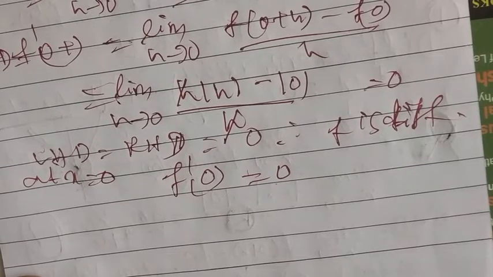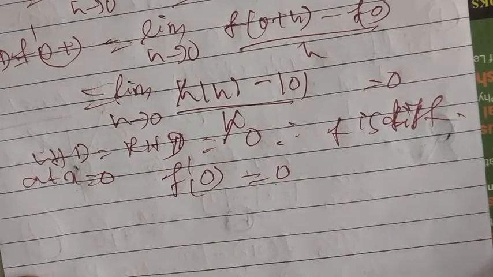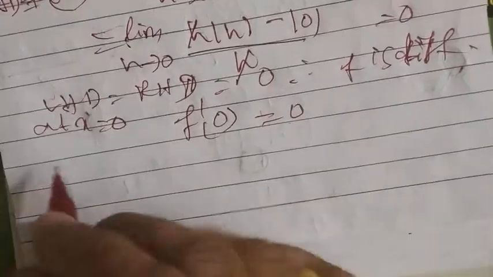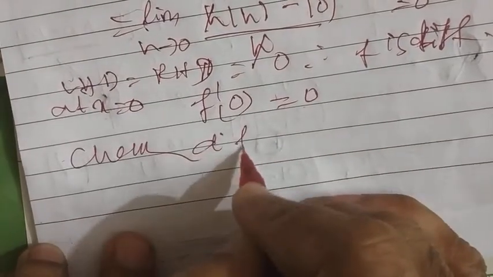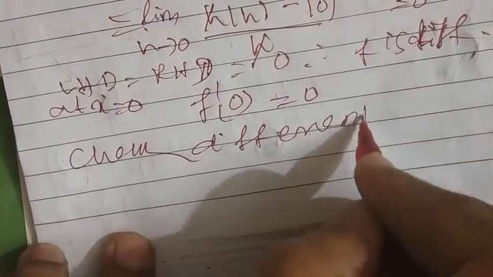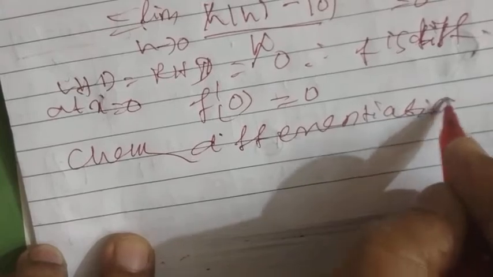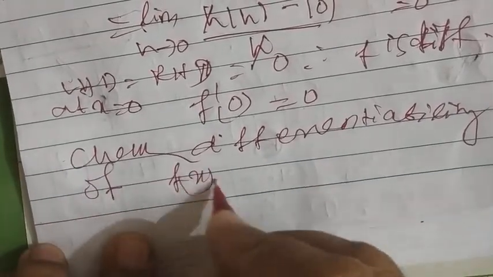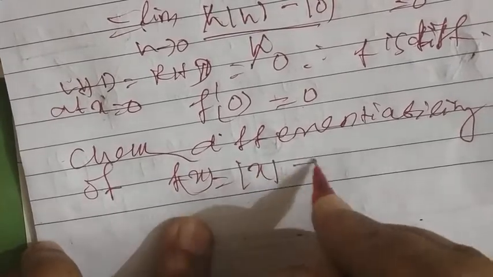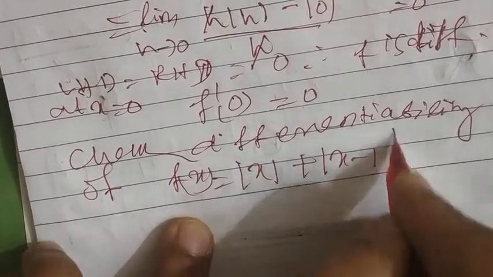Okay. Now let us take some beautiful questions on differentiability of a function at a point. Let us take this question, that is, check differentiability of f(x) is mod x plus mod of x minus 1.